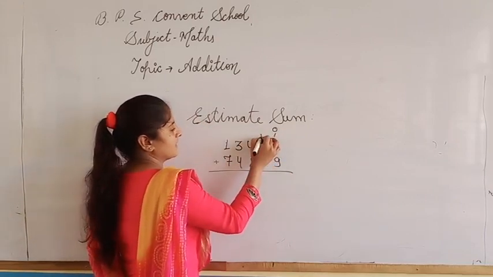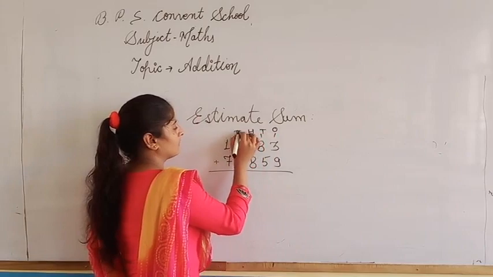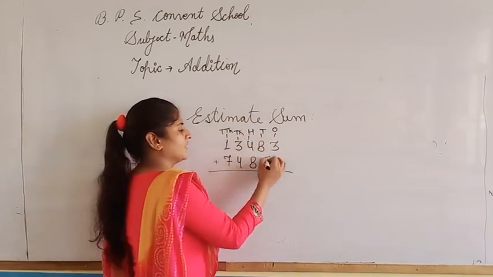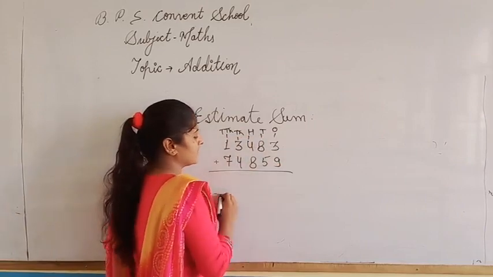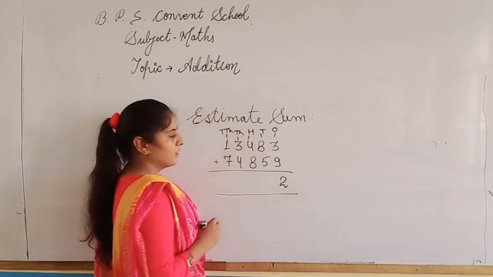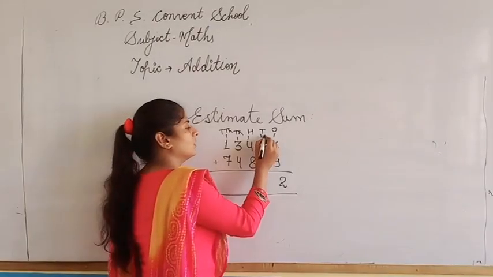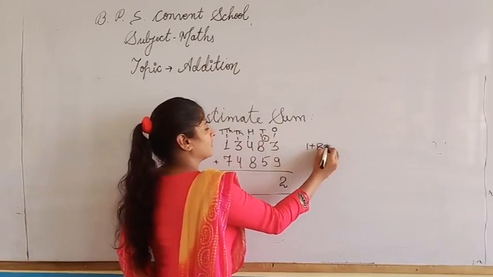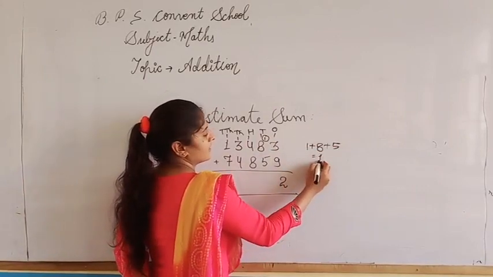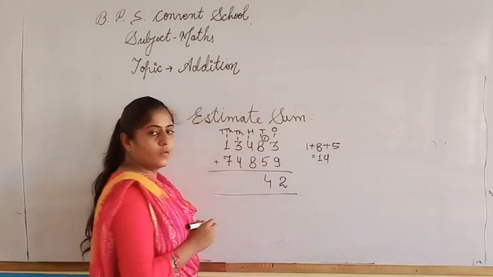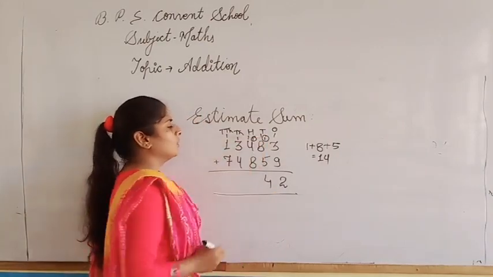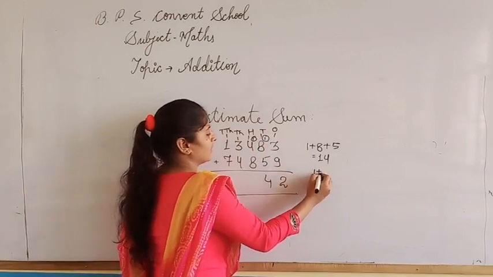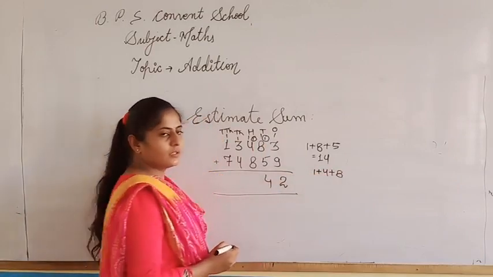First write the places. 10,000. First we add the ones column digits. 3 plus 9, 12. 2 here and 1 carry here. Next we add the tens place digits. It's 14. 4 here and 1 carry over. Next add the hundred place digits. 1 plus 4 plus 8.